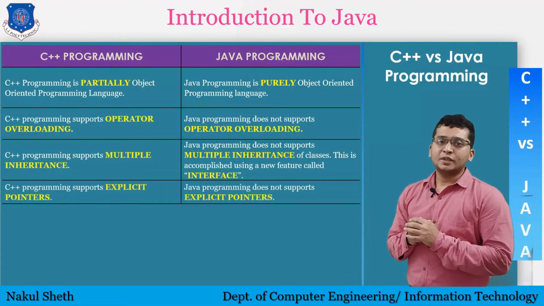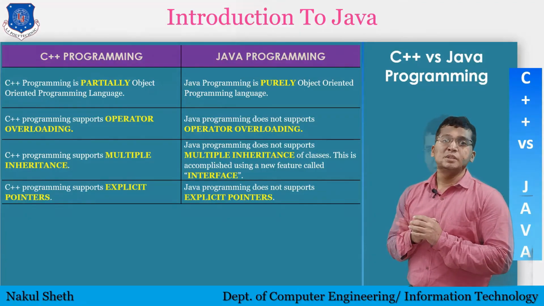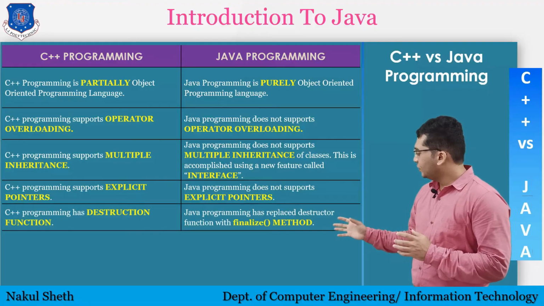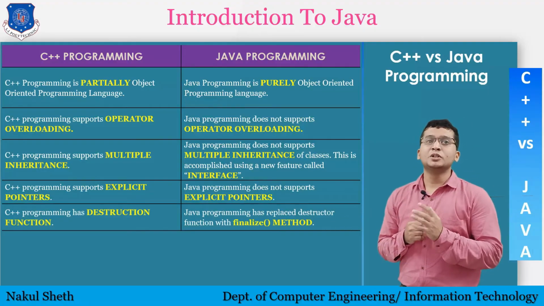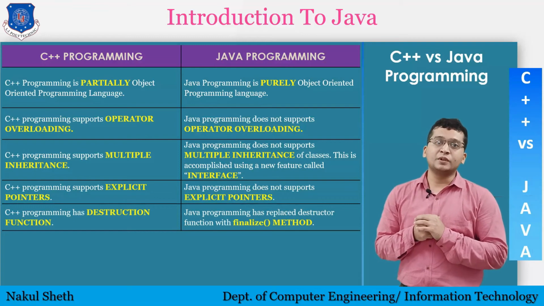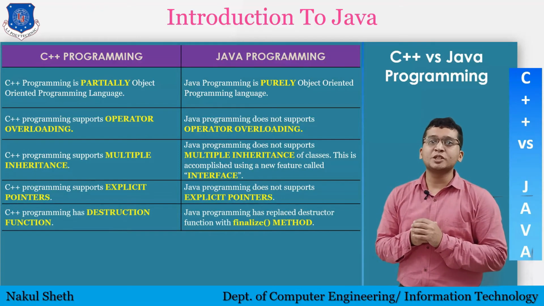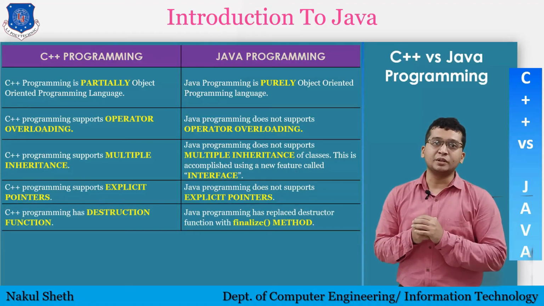Now, the next difference is C++ supports explicit pointers, but Java doesn't support explicit pointers. Now, the next difference is C++ uses a destructor function to free memory, but Java doesn't support a destructor function. But in Java, that destructor function is replaced by a method called the finalize method.